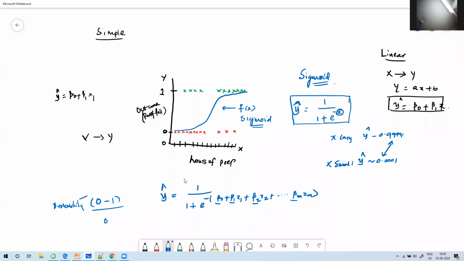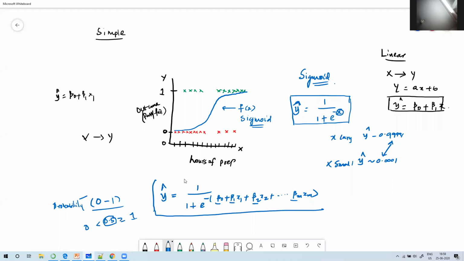Now, because we have a probability, our prediction is always going to be between 0 and 1. So you need to choose a cutoff. Let's say 0.5 is the cutoff. If it is less than 0.5, you would consider your prediction as 0. If it is greater than or equal to 0.5, then your prediction would be considered as 1. Why? Your actual values are going to be either 0 or 1. There is nothing like a probability there. But the output of your logistic regression is always going to be a probability.